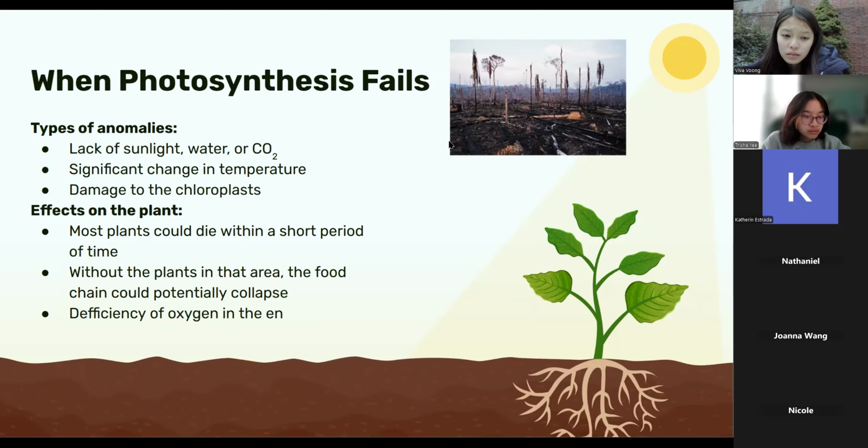The food source of many animals that depend on those plants also gets affected, as they don't have a food source anymore. So basically the food chain could potentially collapse. Since plants also create oxygen as a byproduct, if there are no more plants to create oxygen, there could also be a deficiency of oxygen in that environment.